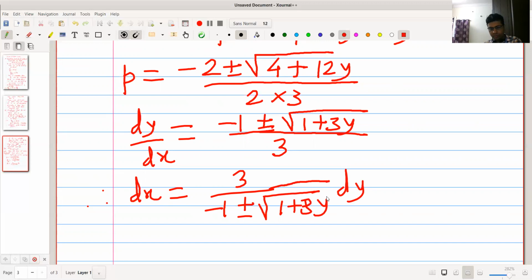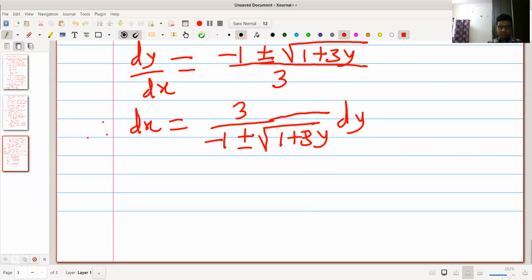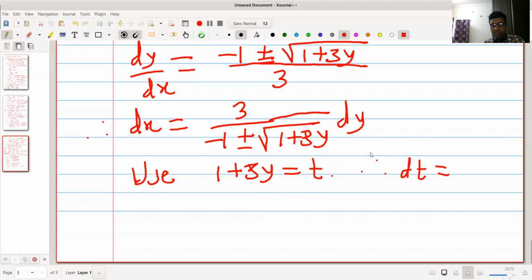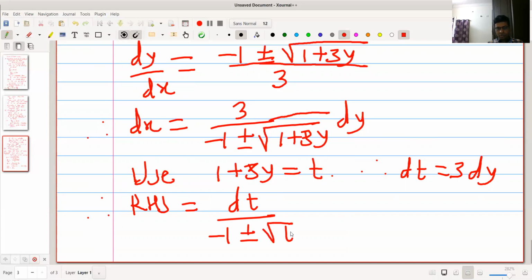So we use substitution: 1 plus 3y equal to t, so that 3 dy equals dt. Further, the right hand side is nothing but, with numerator 3dy, dt divided by minus 1 plus minus root t.